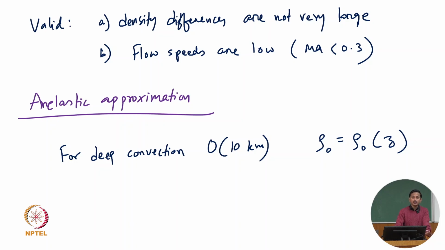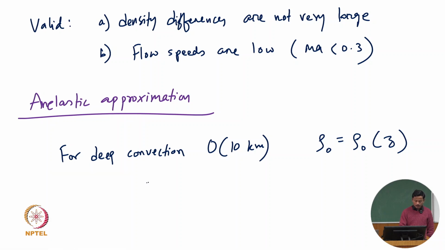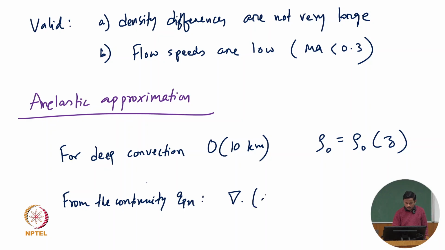If you recall, while deriving the conservation of mass equation, we said that the density rho naught is constant, whereas for deep convection, the background density itself can change. For the atmosphere, the change in density is approximately 3 to 4 times, but it all depends on the time of the day or the moisture content in the atmosphere. So from the continuity equation, we have del dot rho naught u equal to 0.